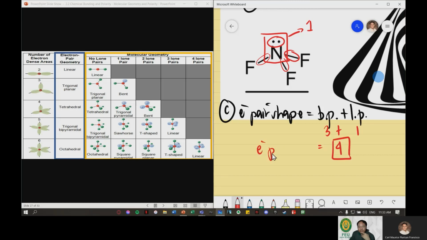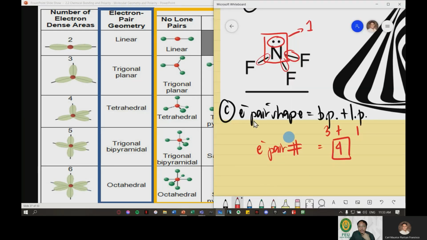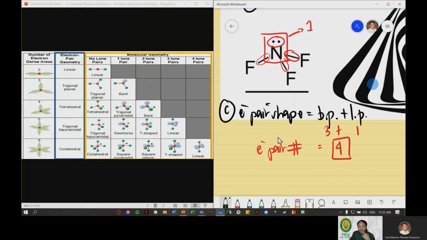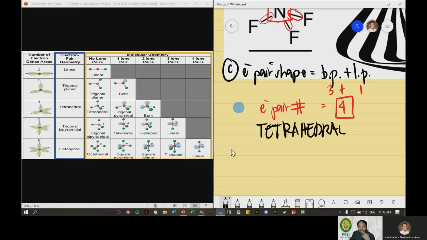This would be your E pair number. According to the table, E pair number is 4. Remember, that is 4, tetrahedral. So my E pair shape would be tetrahedral. Okay, so let me just move it. Tetrahedral.